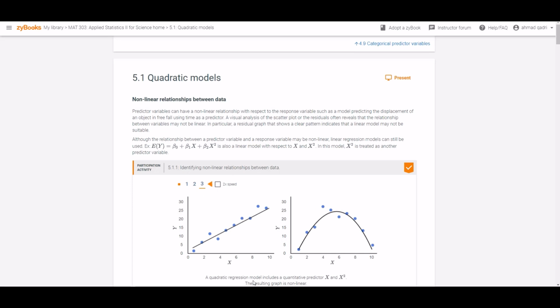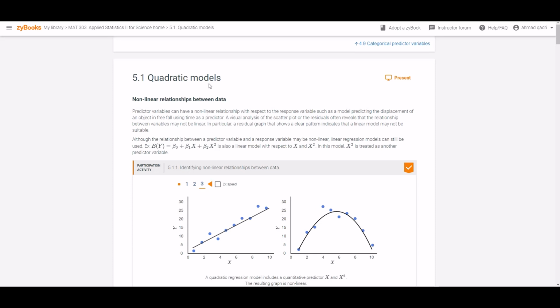Now, as you can see, a quadratic regression model includes a quantitative predictor x and x squared. Quadratic models are those where the highest power that a predictor variable takes is 2, or squared.